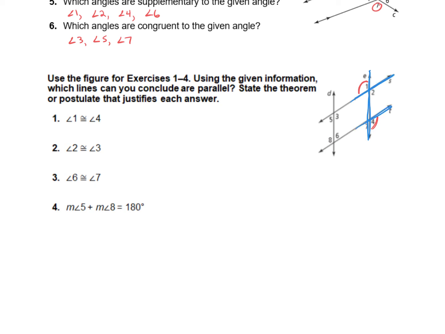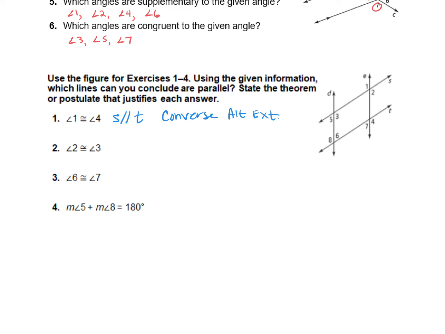So I think that S is parallel to T, but what theorem or postulate? What angle pair is this? These are alternate exterior angles. So if you start with alternate exterior angles being congruent, the theorem is the converse of the alternate exterior angle theorem. That leads us to conclude the lines are parallel.